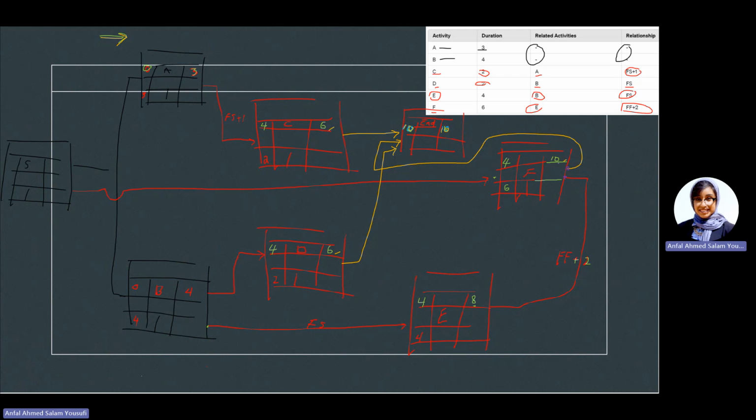So in here I have 10 and 8 in backward pass, where we are supposed to take the smaller number, which is 8. Okay, so 8 minus 6. There's something wrong in this.